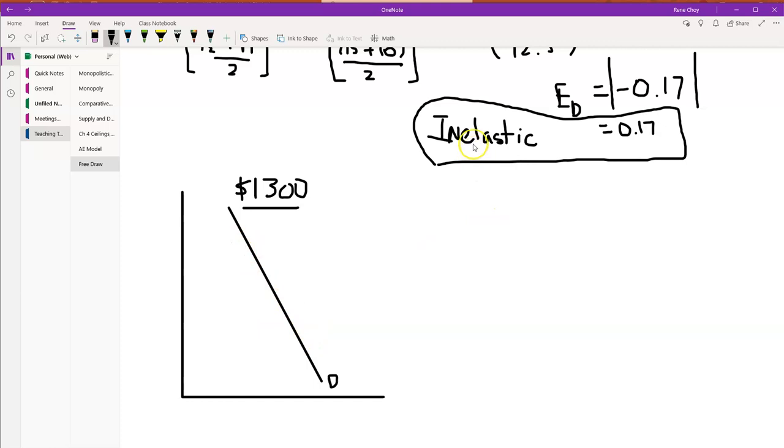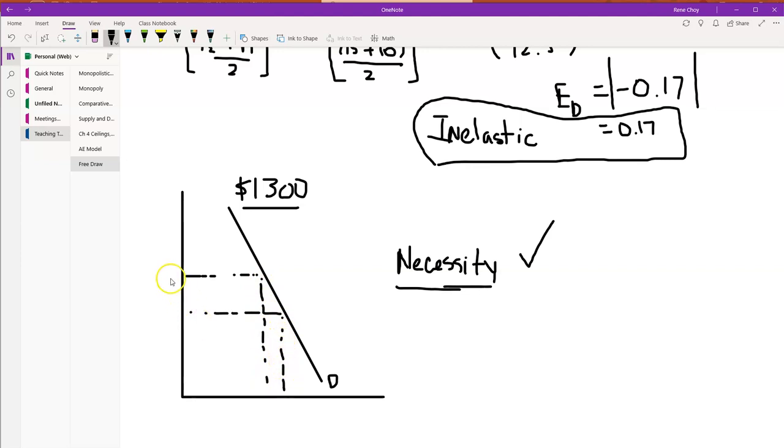In other words, if you ask these students, do you think of your phone as a necessity or a luxury? A lot of them will tell you that their phone is a necessity. They need it for this, and they need it for that. And when something is considered more of a necessity, it is also more inelastic. When something is more inelastic, it also means that the price change can be done faster than the quantity changes.